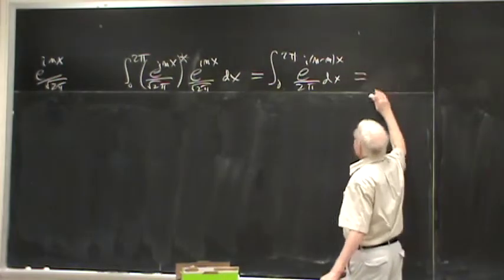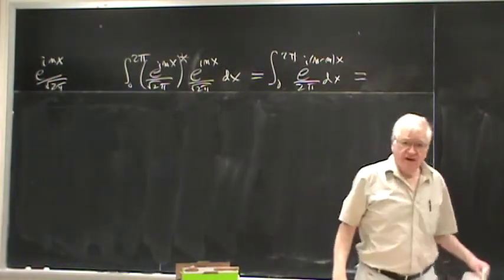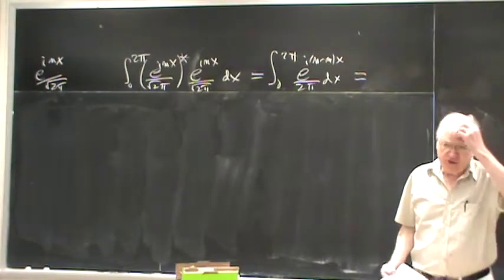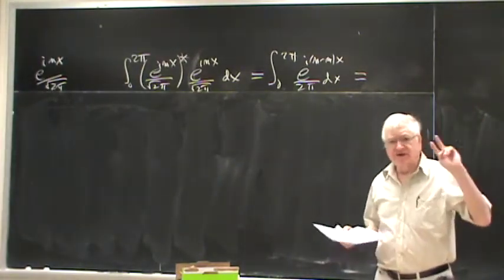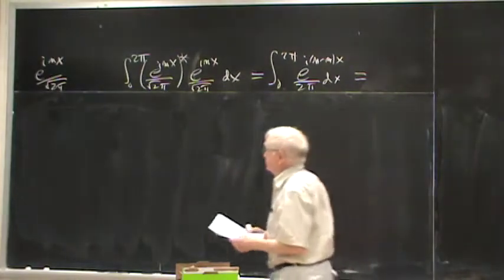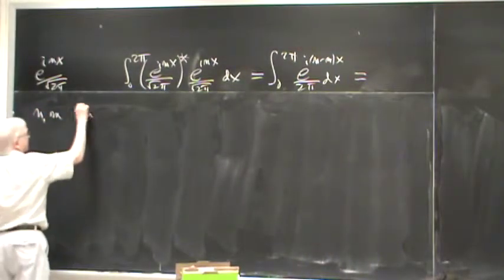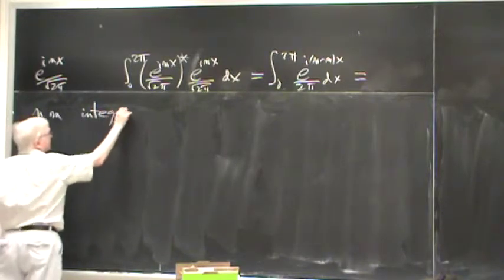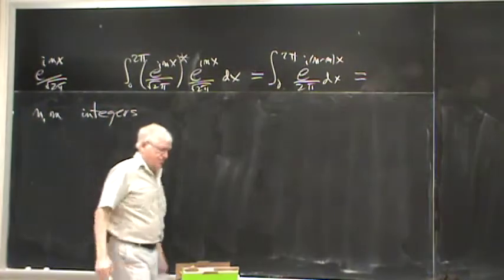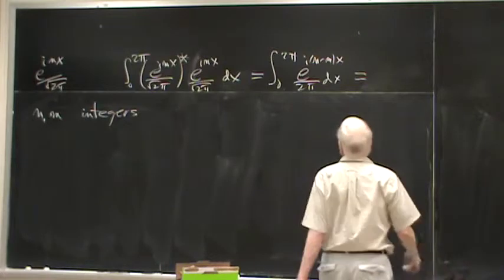And now this integral is a little bit tricky. If n and m are different, first of all, n and m are integers. Not just real numbers or rational numbers, but integers.